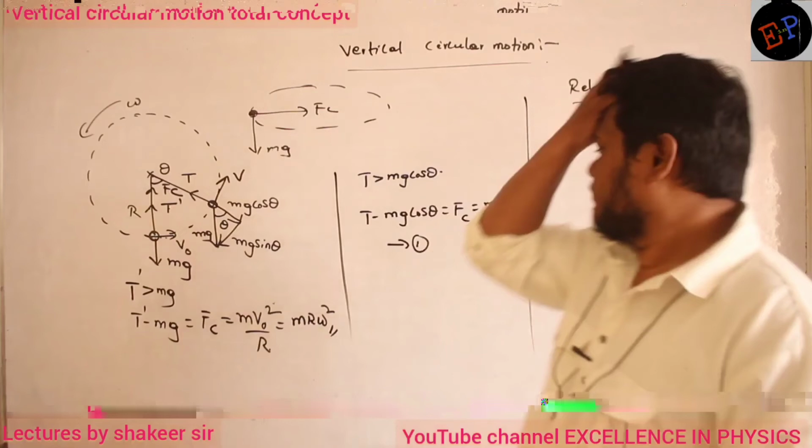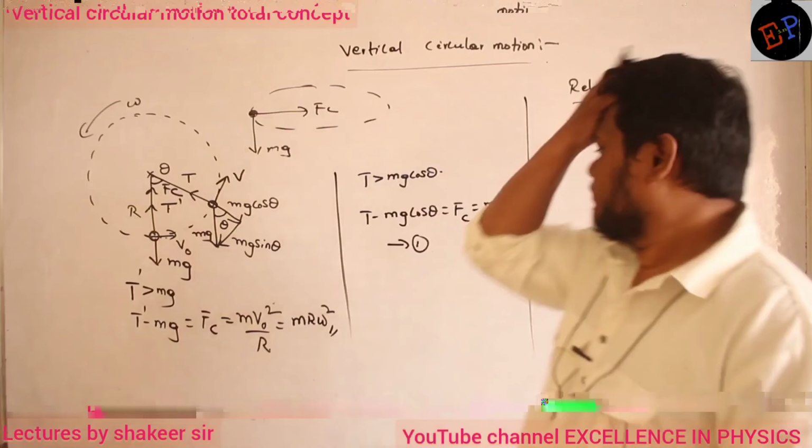How much? Cos inverse of? Okay. So N is equal to minus mu square by L minus 2mg plus 3mg cos theta. Equate this totally to 0. So mass, everything gets cancelled.